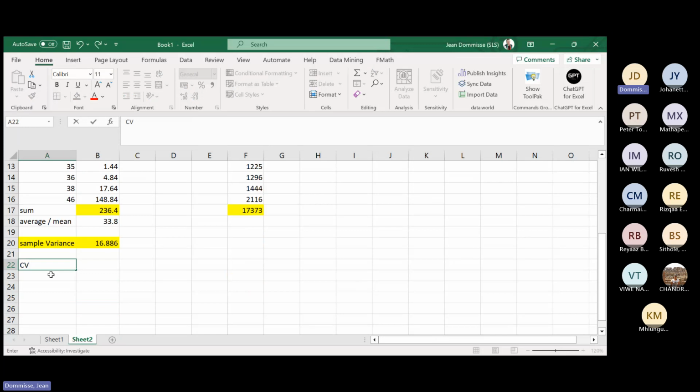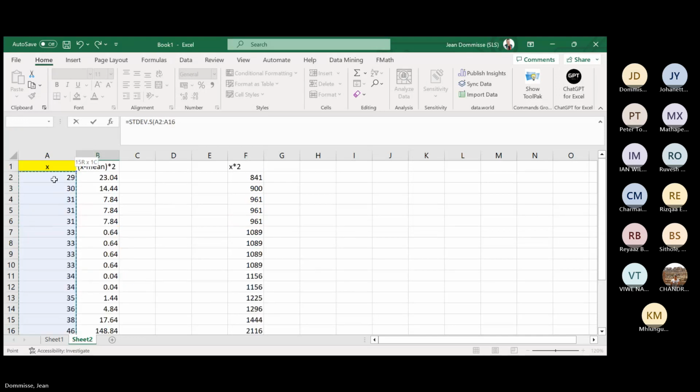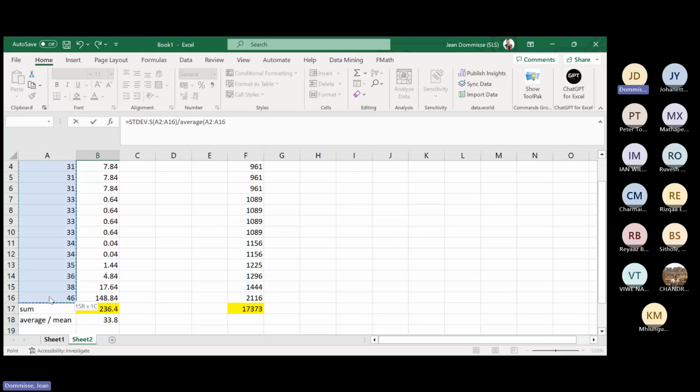Coefficient of variation is standard deviation divided by the mean. So here we can say standard deviation of a sample divided by the average of a sample. So we can have it all in one.